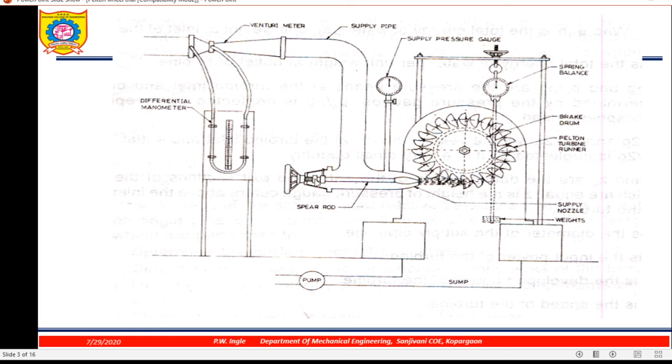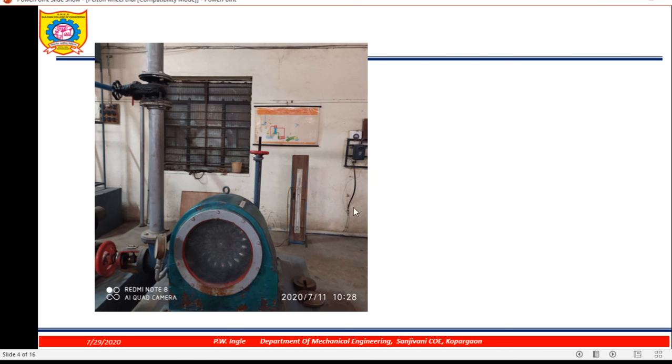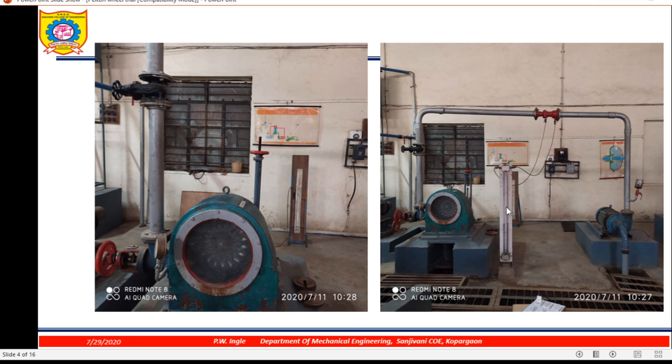Initially you start the pump and keep this nozzle or spear rod open to allow some water to flow over the turbine, and at zero load note down the speed. Now you go on increasing the load by applying weight, so speed decreases, and again you increase the flow of water. For every reading you have to maintain the speed constant.